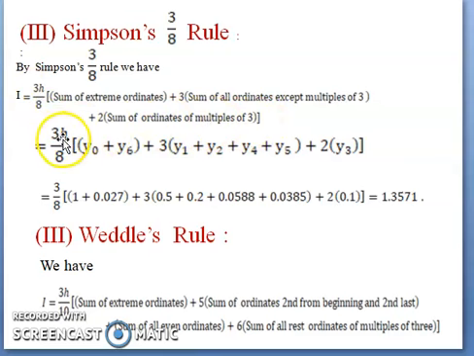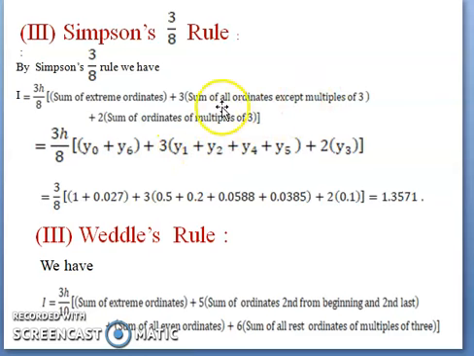Here is the result: 3h divided by 8 times the sum of extreme ordinates, as I have discussed already, the first and the last values of y, plus 3 times the sum of all ordinates except multiples of 3. Multiples of 3 means 3, 6. We have already used the 6 here.